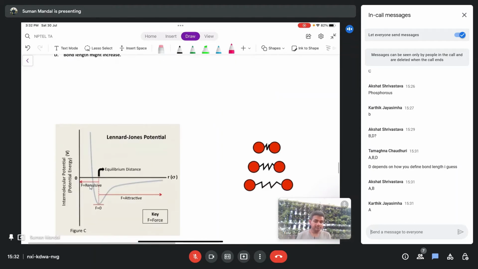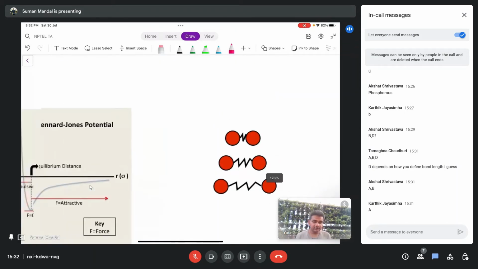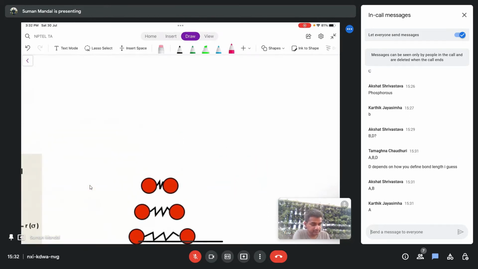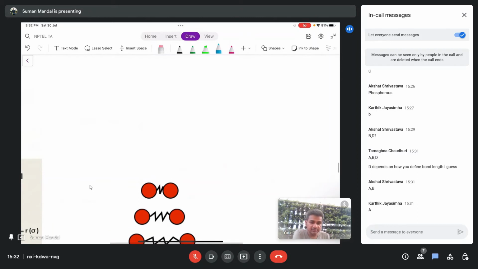Okay, so when you have a crystal, let's say a square solid, it is made up of a structure like this. So it is a mesh of bonds.